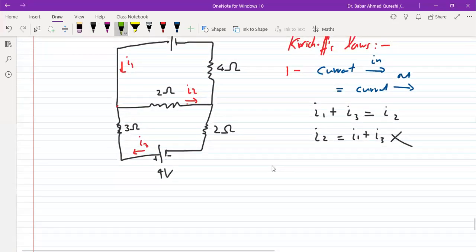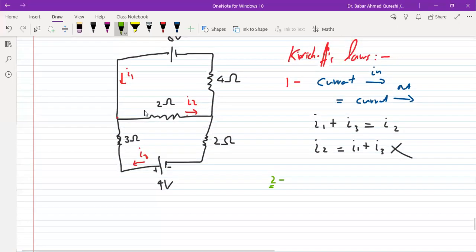The second law says that when you pass through some electric element, you lose some voltage. This is called the voltage drop. To keep the current going, you need to provide some voltage constantly.